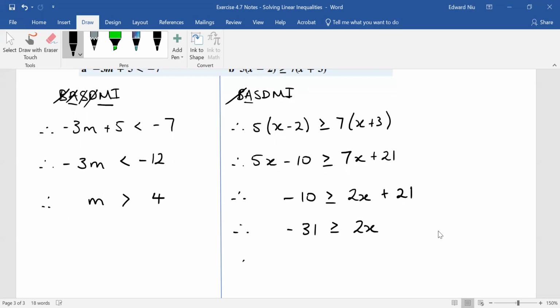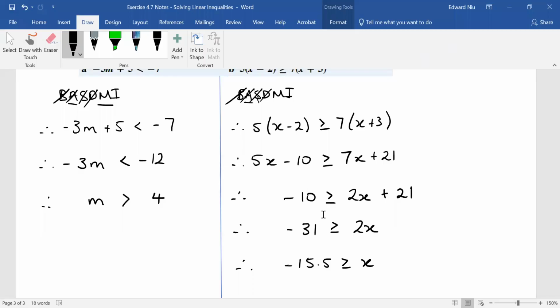From here, there's no subtraction terms on the pronumeral side. There's no division, but we do have multiplication. And what we need to do is divide both sides by 2, which means we get -15.5 is greater than or equal to x.